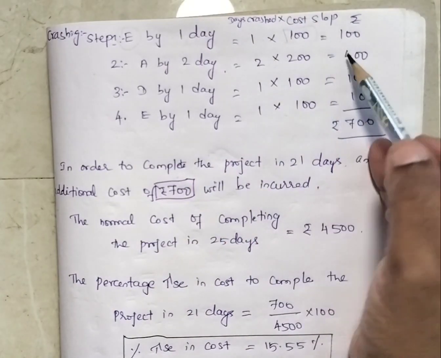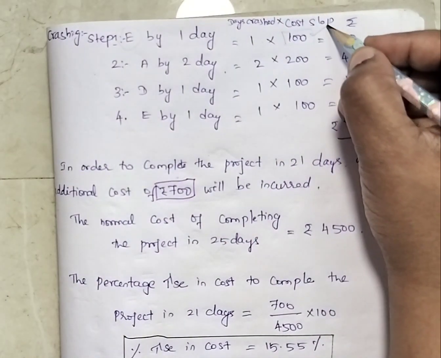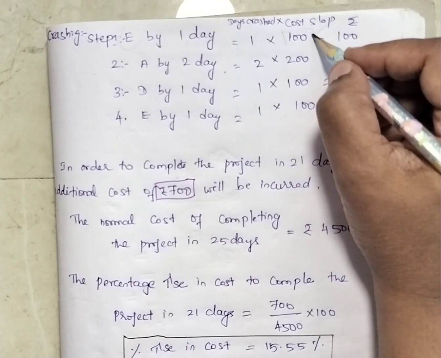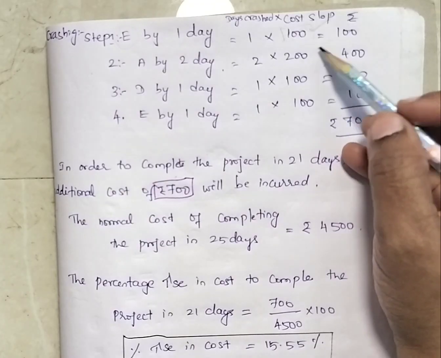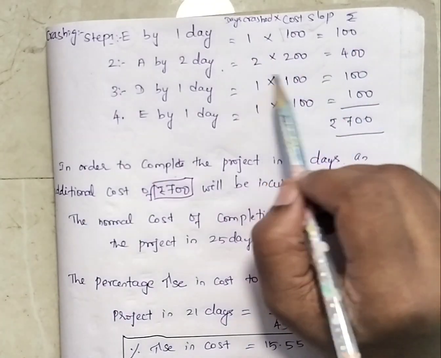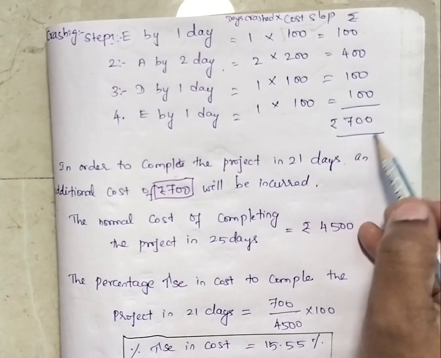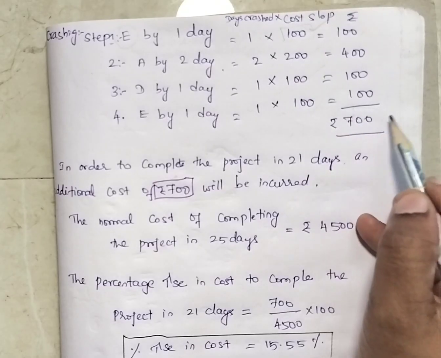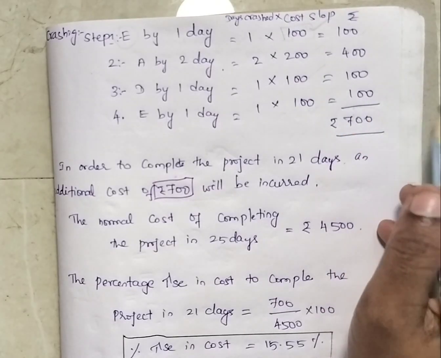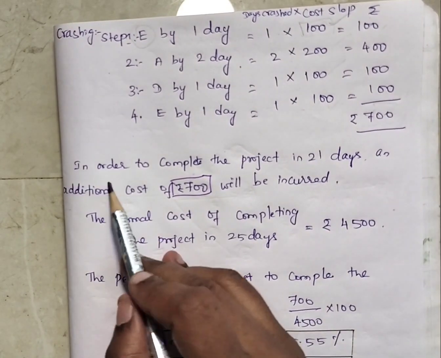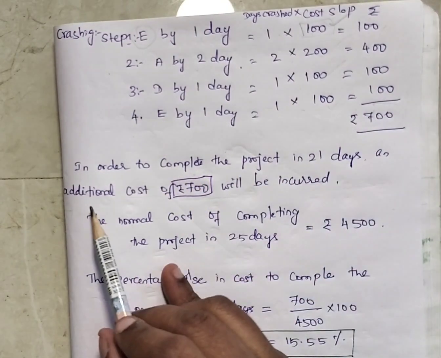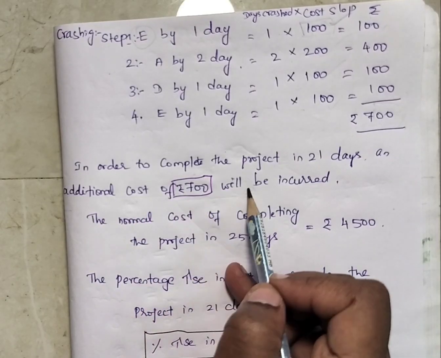The crash cost of E is 100, A is 200, D is 100 and E is 100, same E. Multiplying by the number of days we reduced, we incurred 700 rupees. This is the total crash cost we incurred for this project. In order to complete the project in 21 days, an additional cost of 700 will be incurred.